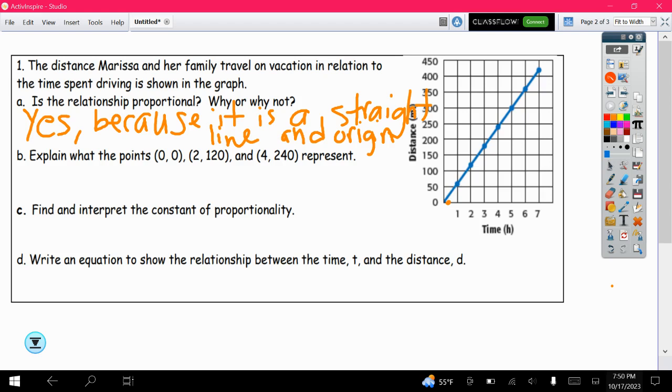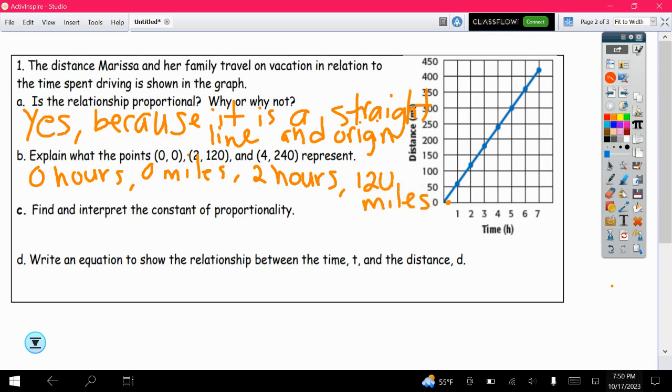Well, we know (0, 0) means we have 0 hours and 0 miles. (2, 120) means 2 hours and 120 miles. And then (4, 240) means in 4 hours, we have 240 miles.